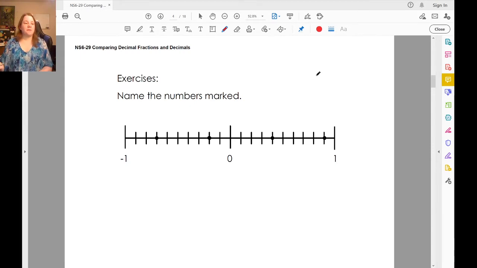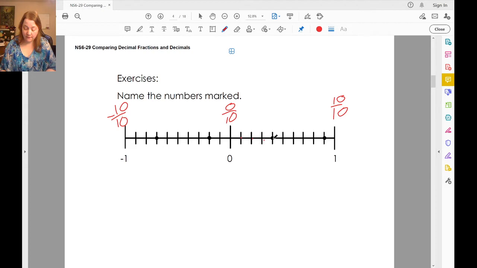So if we're looking to figure out where these are marked, remembering that this is 0 tenths, this is 1 or 10 tenths, this is negative 1 or negative 10 tenths. That means that this dot here is going to be 1, 2, 3, 4 tenths away from 0. 5, 6, 7, 8, that makes this 9 tenths away from 0.